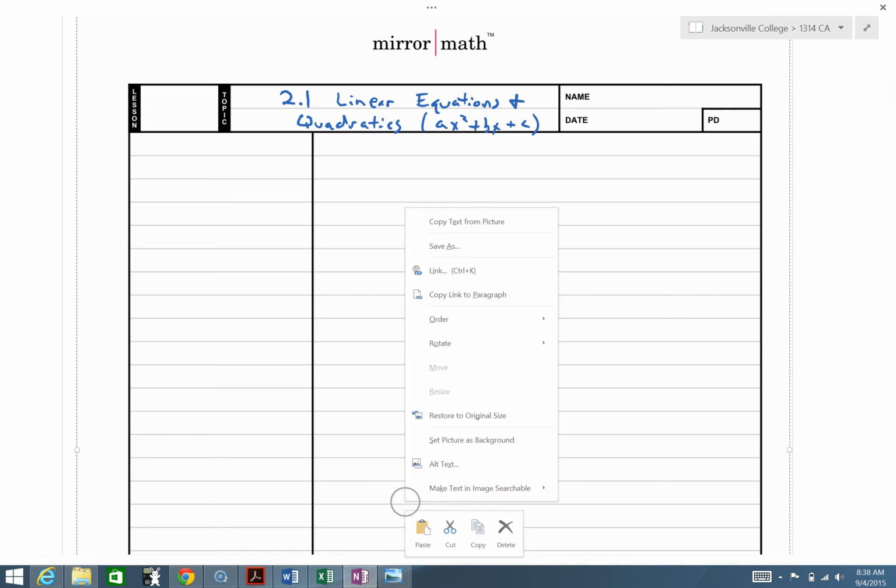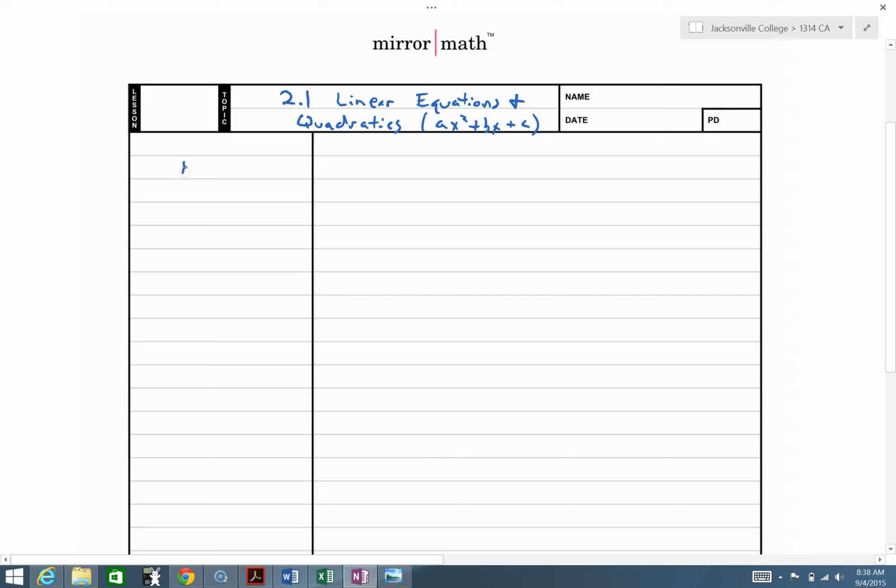First definition, expression. An expression is a combination of variables and or constants.